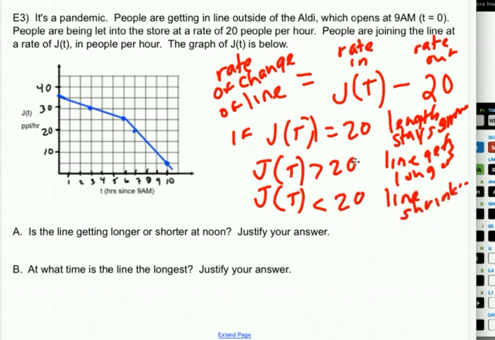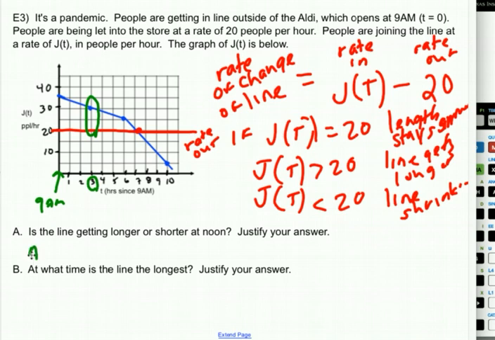So the easiest way to do this is we look at this graph. J of T is in blue. Here's the rate out. The rate that people are leaving the line is 20. So if the blue line is on top of the red line, then the line is getting longer. Since 9 a.m. is 0, 3 is noon.